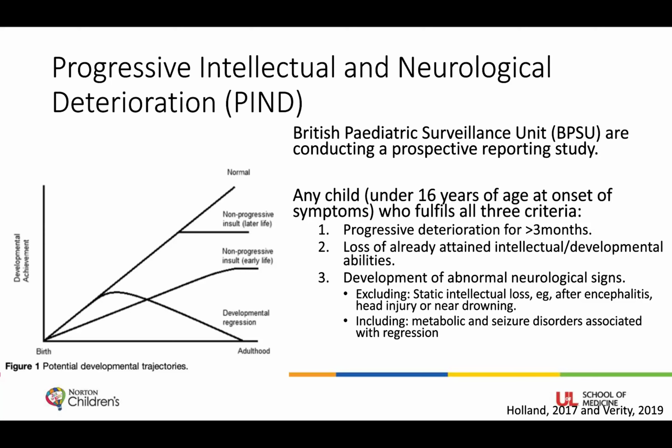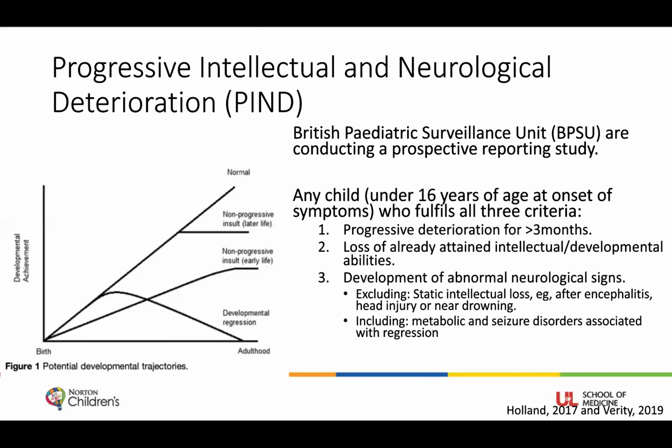And so the only people who have really studied this formally, at least over the last 30 years, has really been England. And they did a large study using basically all of the sample from their medical service, like all the children that are a part of their healthcare system, to find children under 16 who had all three of these things: progressive deterioration over 3 months, lost already attained skills, and developed an abnormal neurologic sign.